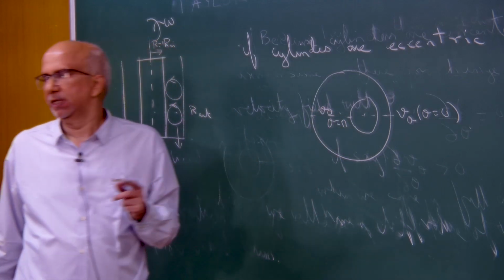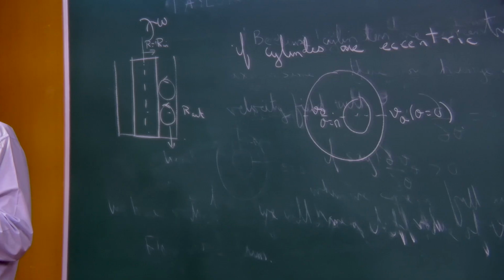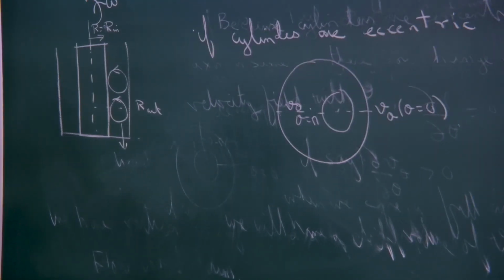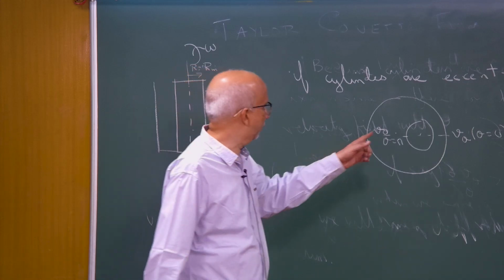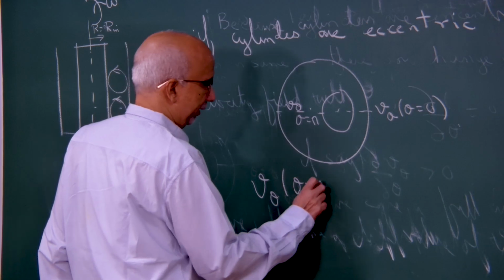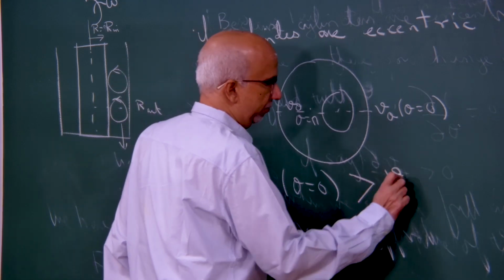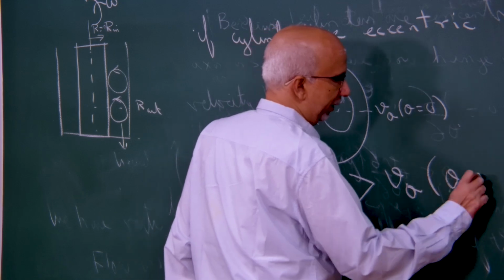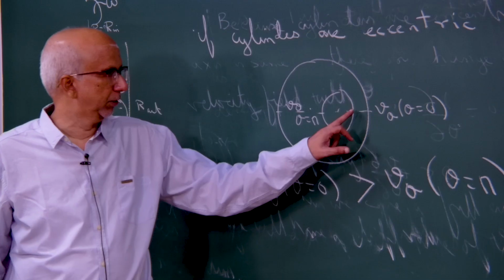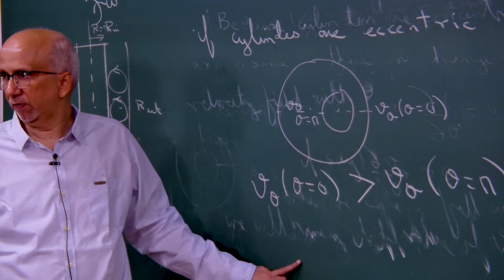So my point is v theta at theta equal to 0 must be much more than v theta at theta equal to pi, because the cross section available for the flow is much lower here. So v theta at theta equal to 0 must be greater than v theta at theta equal to pi. Is this correct? Smaller area, more velocity.